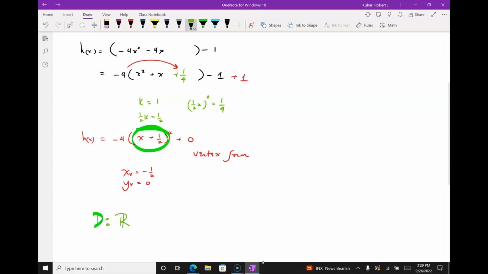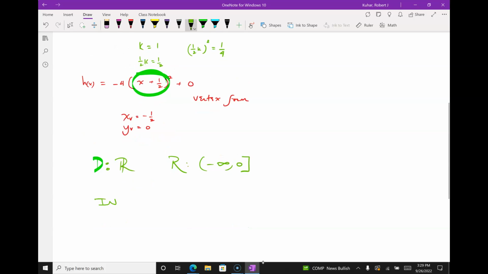Everything, right? What's my range? Well, the highest point is 0 in the y direction, right? So -infinity to 0, inclusive, right? Yes, we okay here?